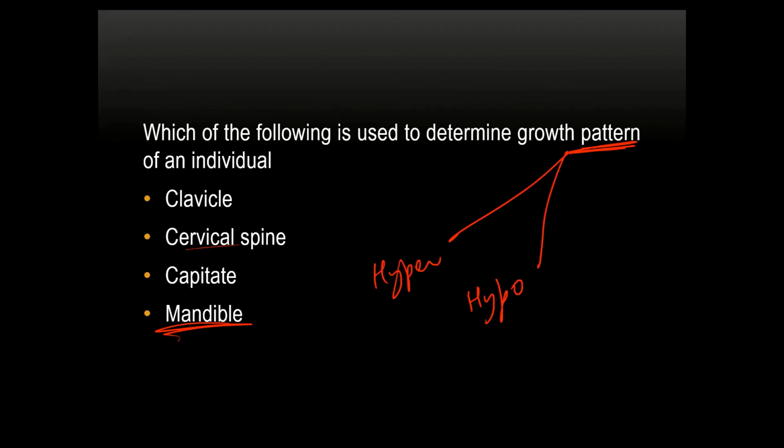Okay, the growth stage of an individual is determined by cervical spine. So we are going to discuss that tomorrow, the first thing, and then we will discuss the treatment planning. Okay, do you have any questions from today's lecture?